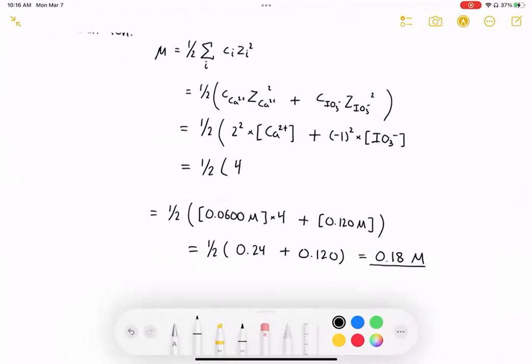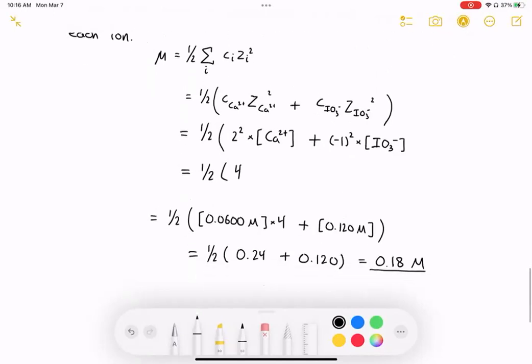Remember the solubility for calcium is the same as our solubility for calcium iodate. So we get 4x plus, in this case, just 2x, right? Because remember the iodate concentration is twice the solubility, so we get 2x.